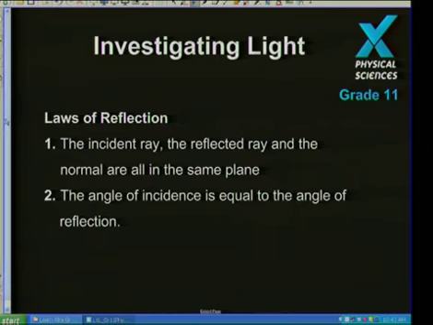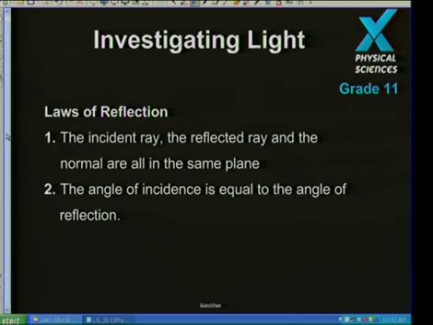So what can we say about the relationship between the angle of incidence, the normal, and the angle of reflection? Now there are two things, and these are noted in what we call the laws of reflection. Let's have a look at them. Here they are. As I said, there are two parts to these laws.